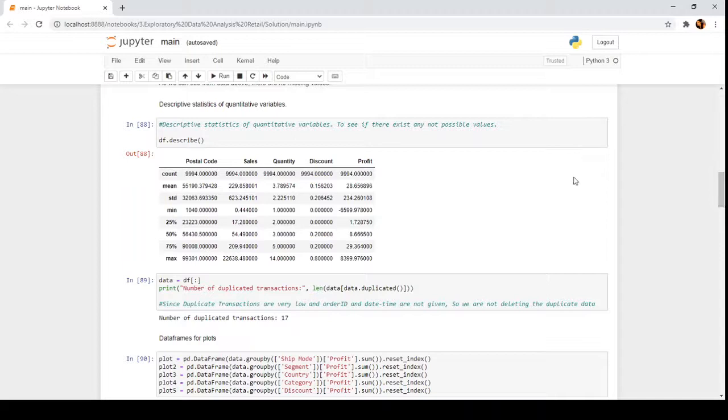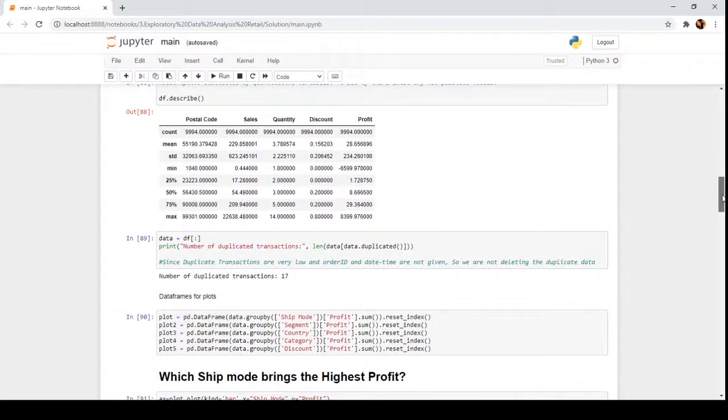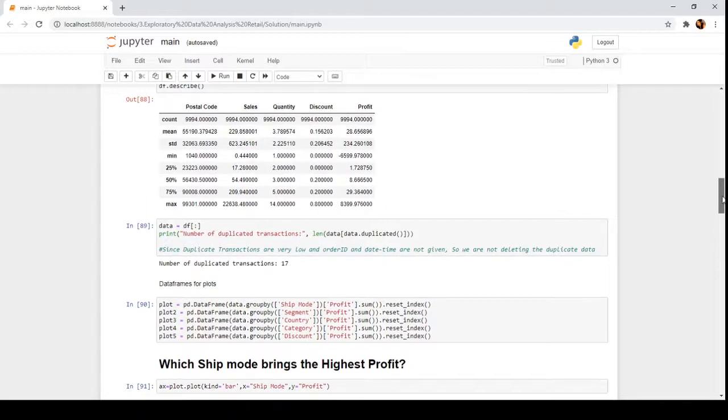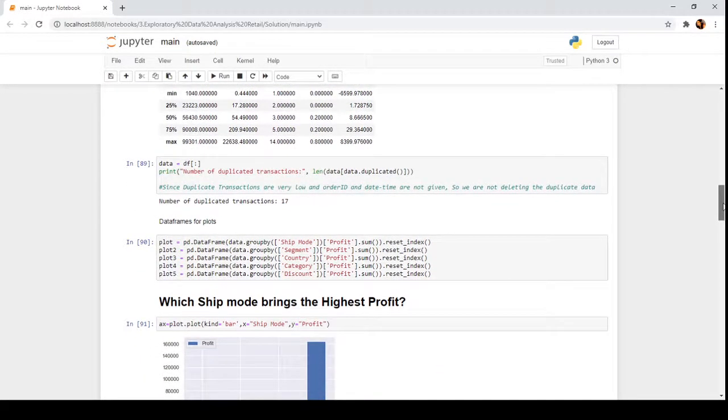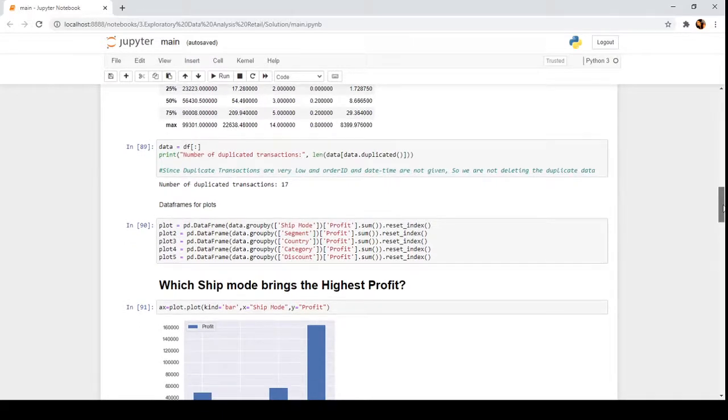Now we can see the statistics of the quantitative variables to see if there exist any impossible values. So it is done, and now we are seeing the number of duplicate transactions. There are 17.